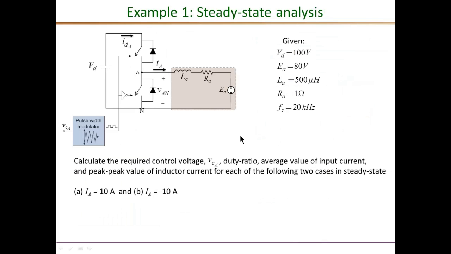The problem is for two cases: case A, the current IA is 10 amperes, and case B, IA is negative 10 amperes. We need to calculate the control voltage VCA that is given from the feedback controller, the resulting duty ratio under each of these two operating conditions, and also the peak-to-peak value of the inductor current ripple that we determined equations for in the previous slide.